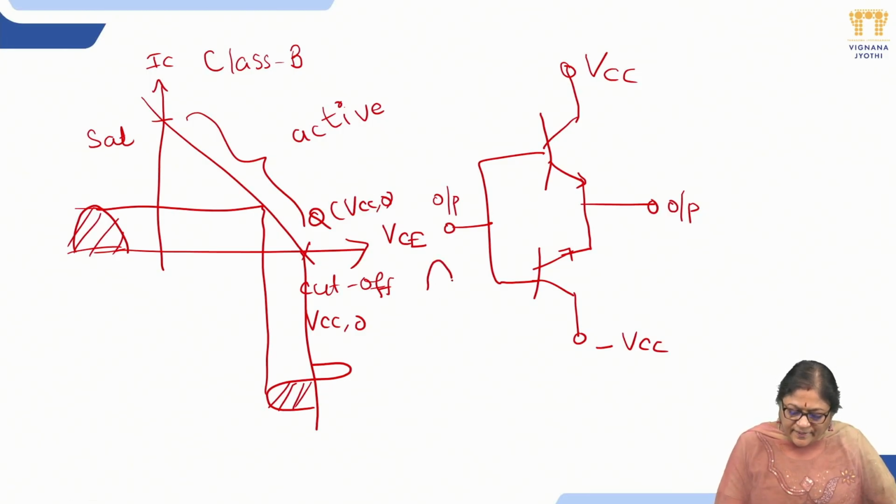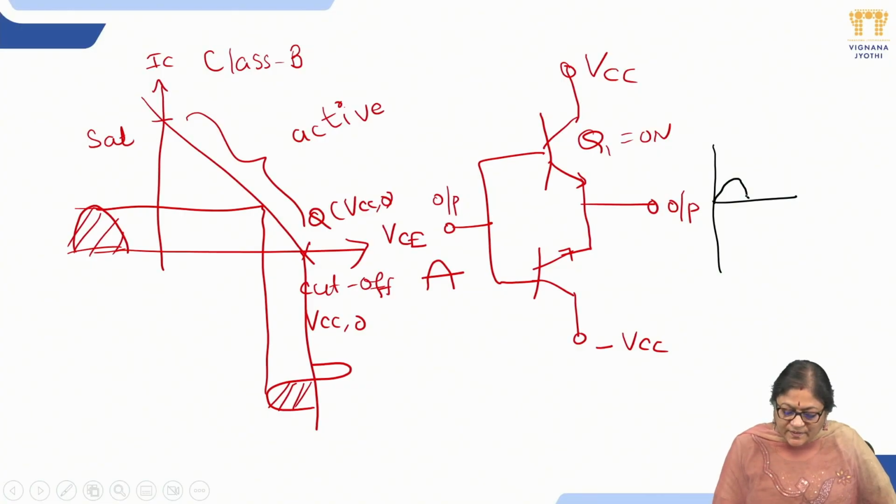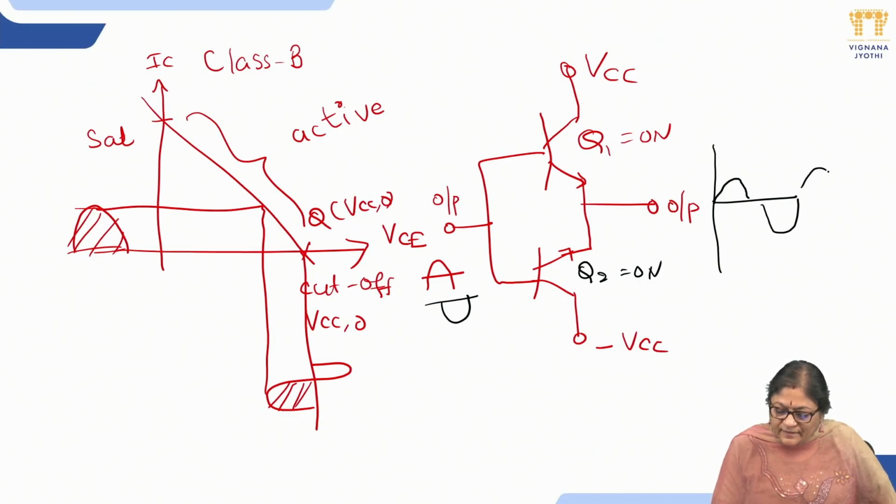Whenever you apply a full cycle, in the positive half cycle this transistor Q1 is on and the voltage is produced here, and in the negative half cycle, Q2 will be on and the output will be produced like this.